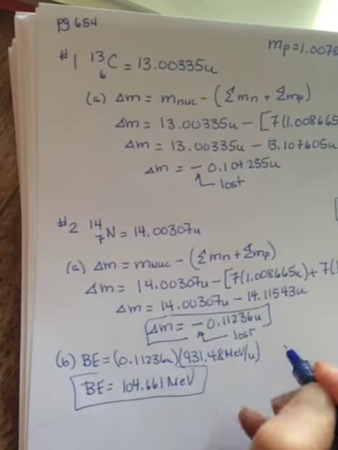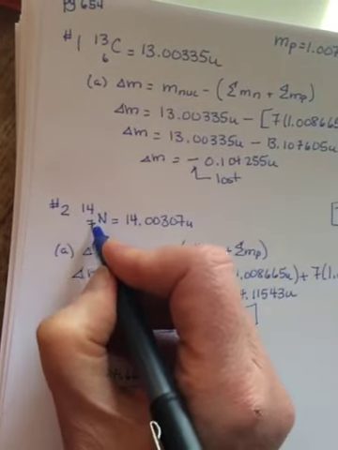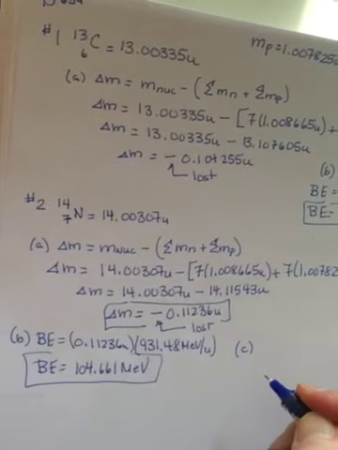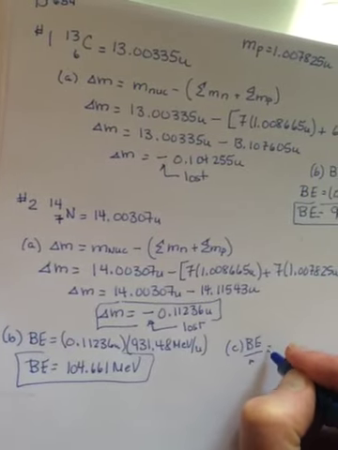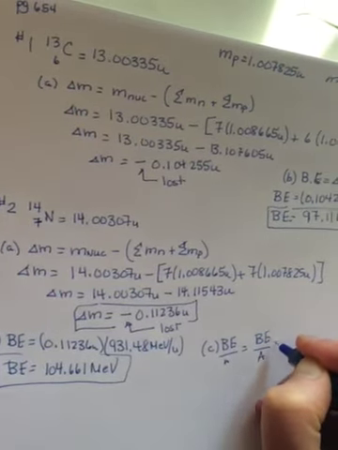Now in this one, there's a part C that asks, what's the binding energy per nucleon? And remember, nucleons are the number of protons and neutrons in the nucleus. So the binding energy per nucleon will just be the binding energy divided by the number of nucleons.